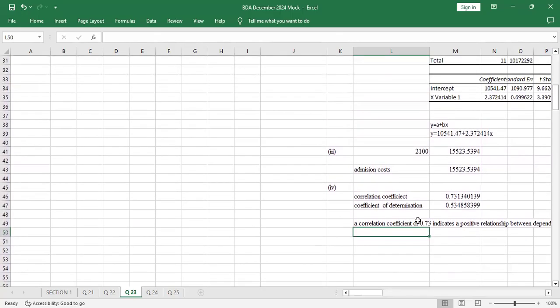So what now happens to the coefficient of determination? The coefficient of determination always ranges from 0 to 1.